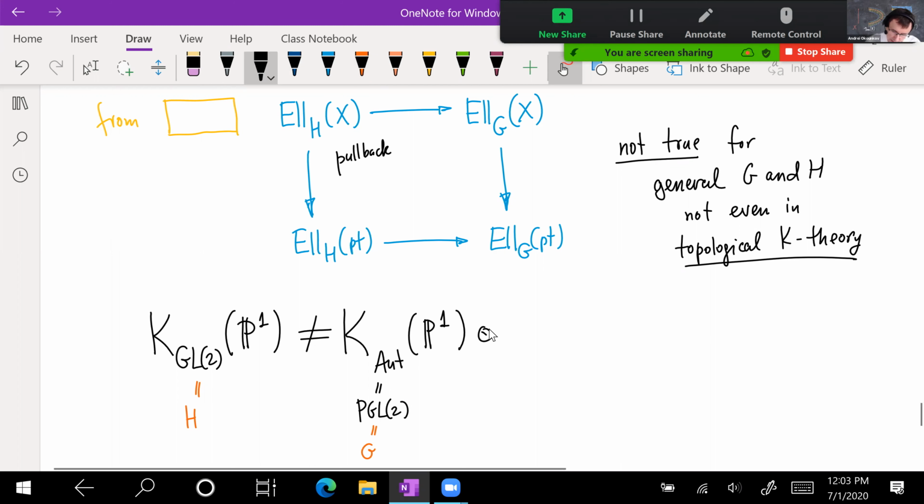And so if we extend the coefficients, that is not true.